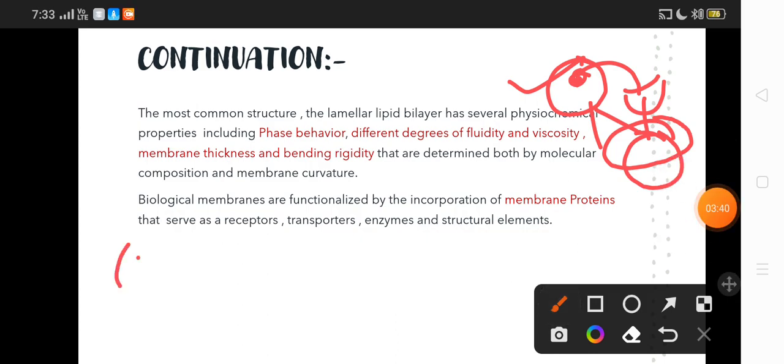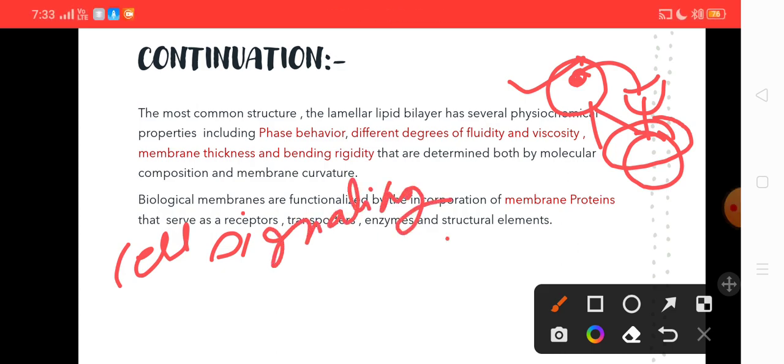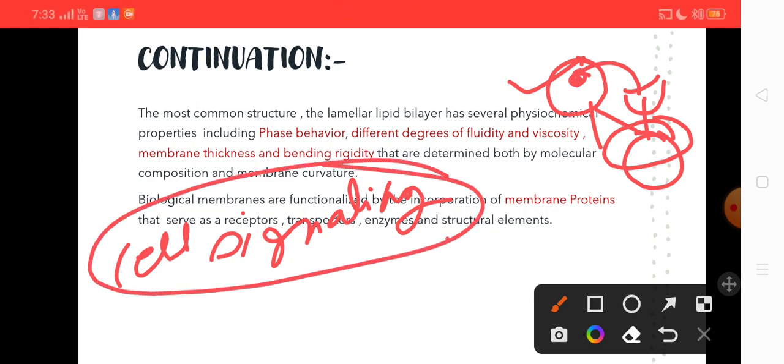So now let's talk about a situation where a particular cell signaling process is not necessary for the cell, or it may be detrimental for the cell on the basis of the particular environment where it is present. Now what can a cell do to prevent that cell signaling? It may change the membrane composition so that when the signaling molecule comes, it cannot find its receptors, right?